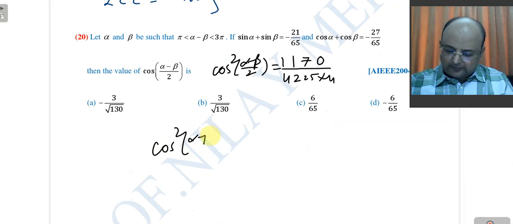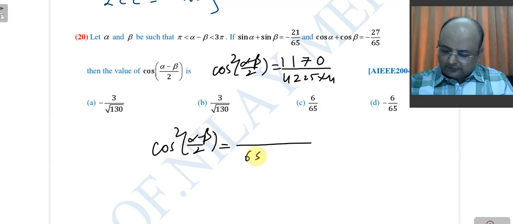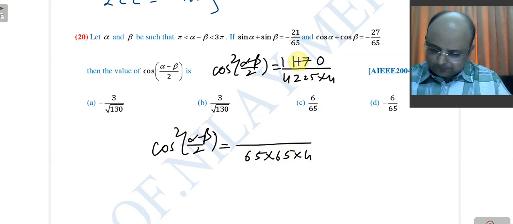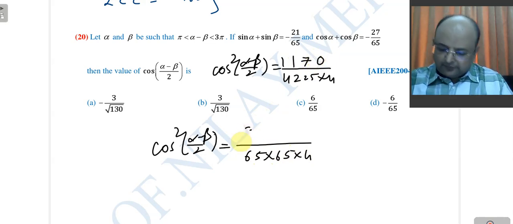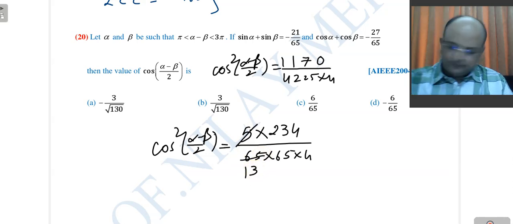Cos square (alpha minus beta)/2, I know that this is divisible by 65 into 4, this is divisible by 13, I'm sure, or this is divisible by 5. So let me write down 5 into 1, 5 2s are 10, 5 3s are 15.